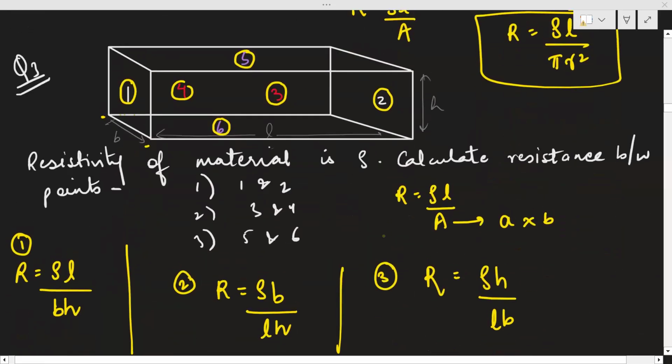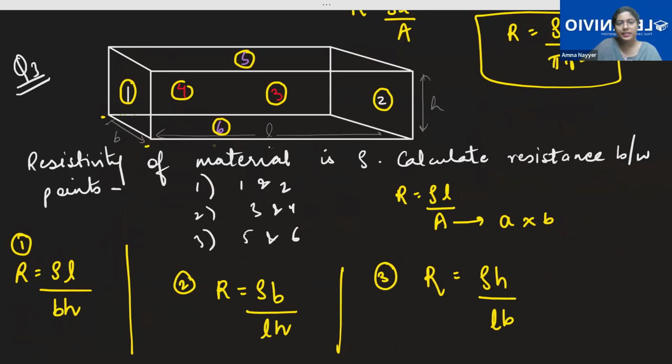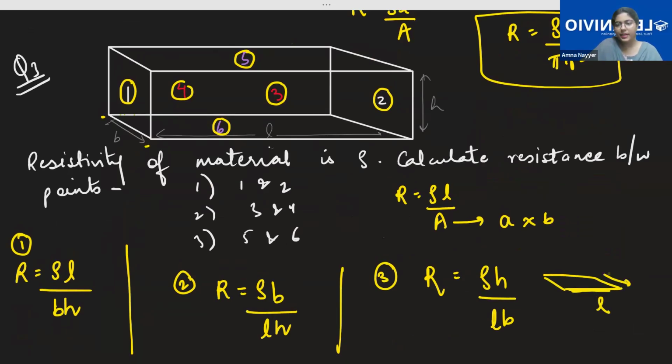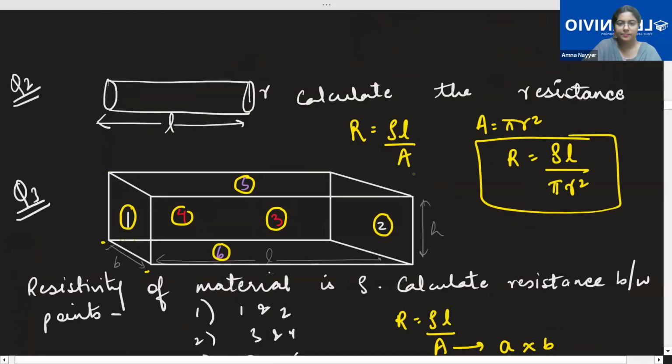The third part. See, each face is like this, the top one. The length is L. This is the breadth B. So the area will be length into breadth. Now clear? Yes.